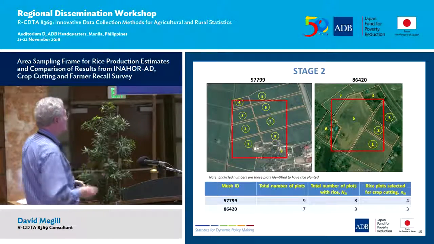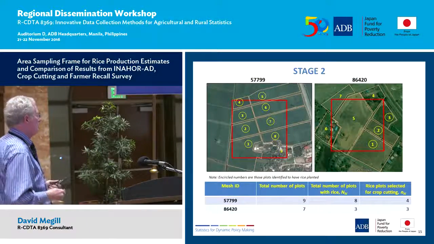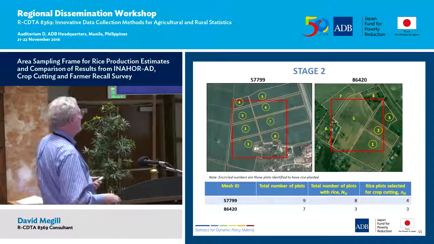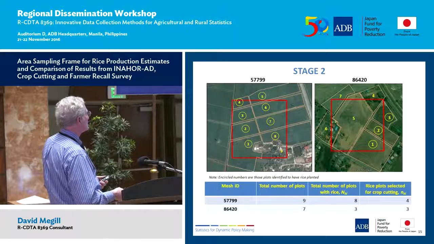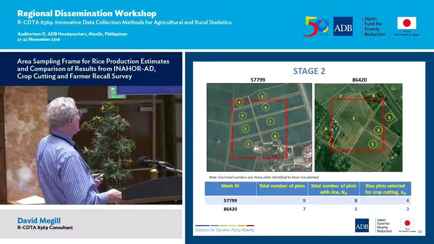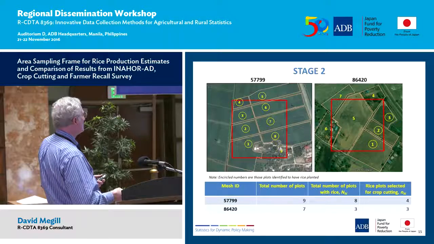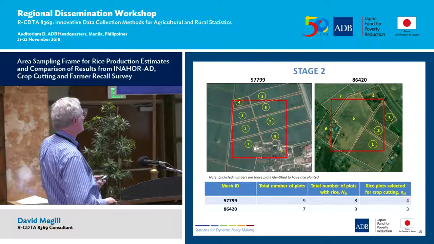Now, in terms of the second stage, we talked about identifying the plots with rice. Here are a couple of different examples. Here is your sample mesh, 200 by 200 meters squared.